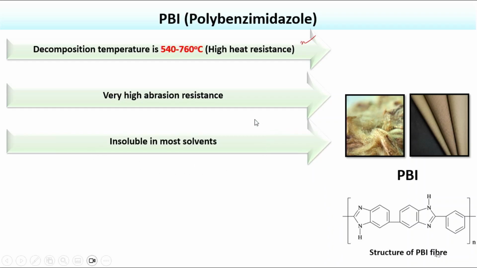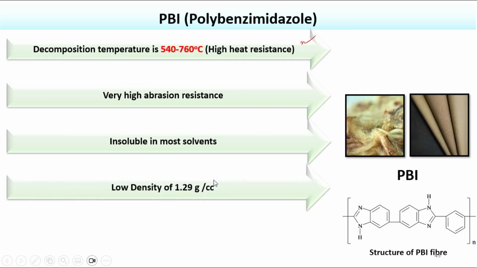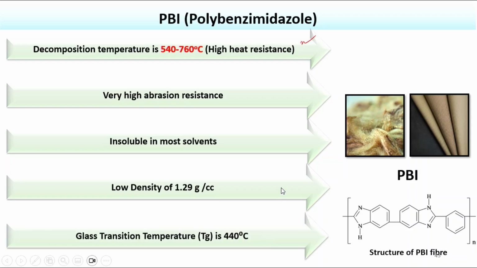It is insoluble in most solvents, and its density is low, so it will become lighter, and the glass transition temperature is very high. It is 440 degrees Celsius. So, that means for high temperature applications we can use this PBI fiber.